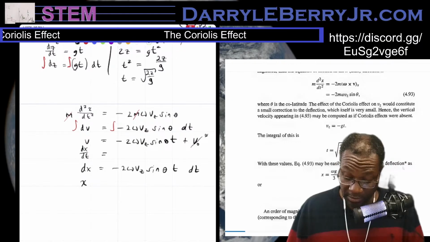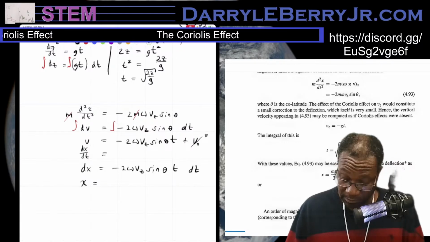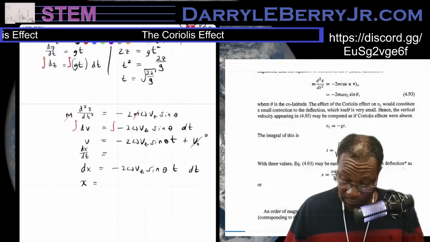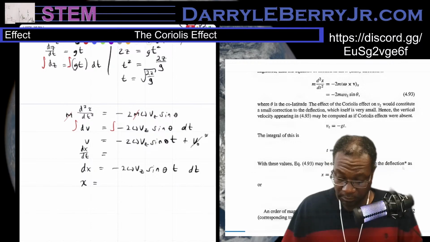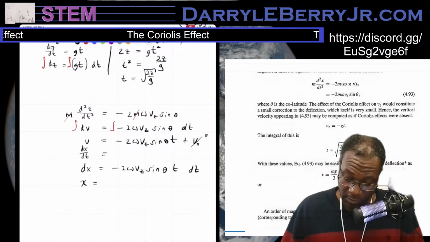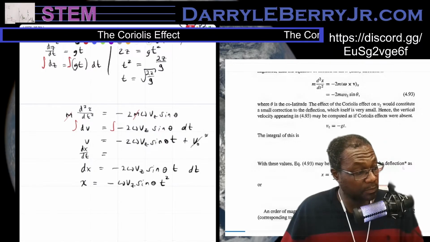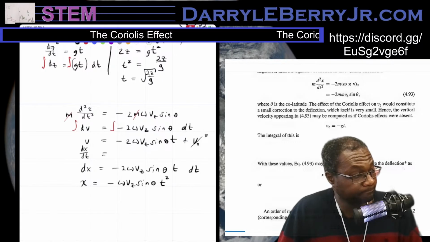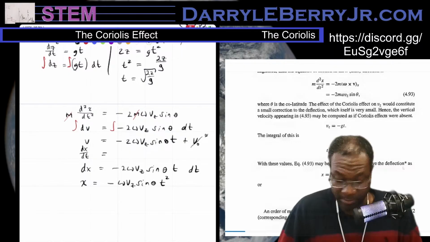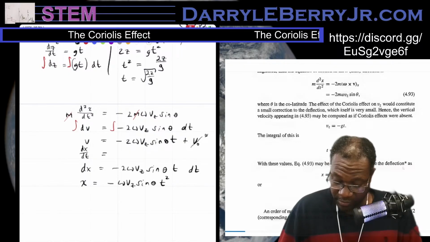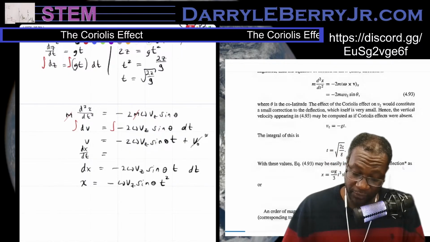We have x equals negative omega vz sine theta t squared. Hmm. I'm plugging in my vz first. I have to do that before I integrate.